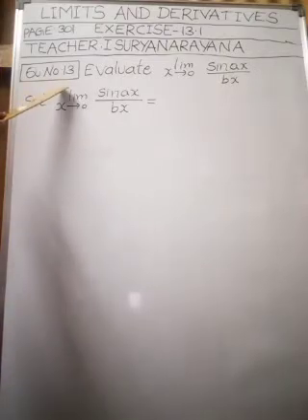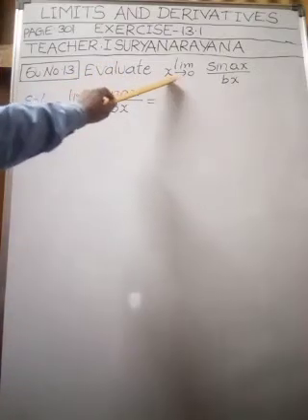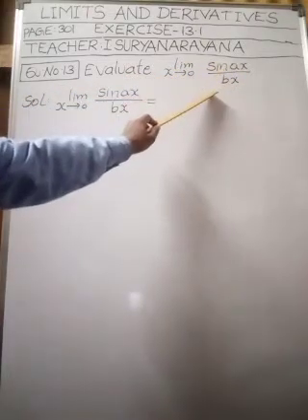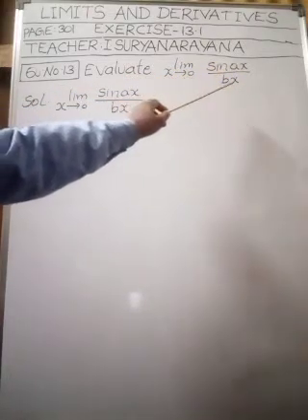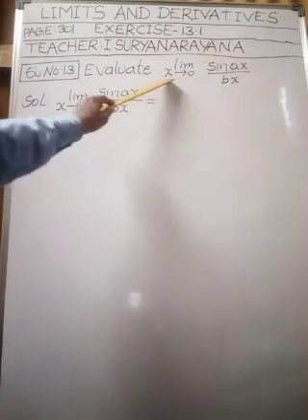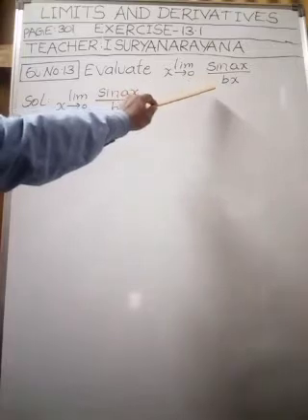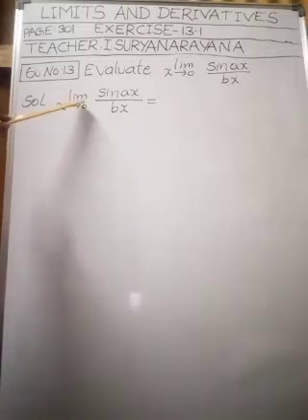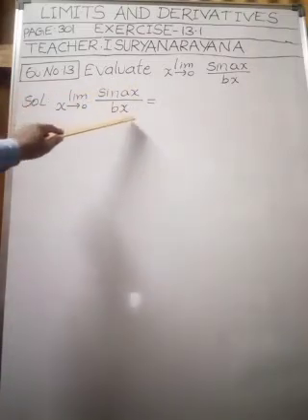Question number 13. Evaluate as x tends to 0, limit of sin ax by bx. Understood this question, my children? We have to find the limit of this function as x is approaching 0. Come to the solution part. As x tends to 0, limit of sin ax by bx.